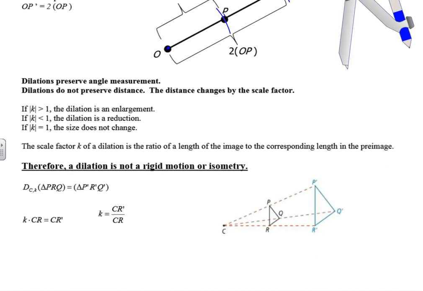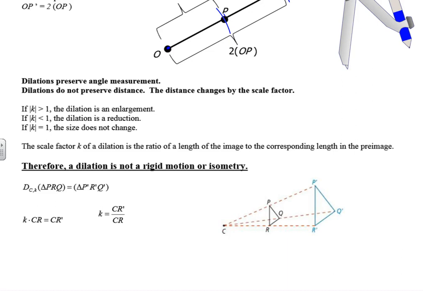Dilations preserve angle measurement, but they do not preserve distance, and the distance changes by the scale factor. If the absolute value of K is bigger than 1, the dilation is an enlargement.